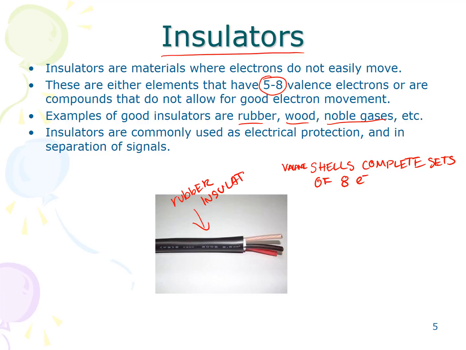This insulation is used so that when you grab onto this set of wires or cables, you don't get electrocuted. Those electrons from the conductors inside these cables don't pass through the rubber to your hand. That's one of the really big benefits to using insulators with electricity.